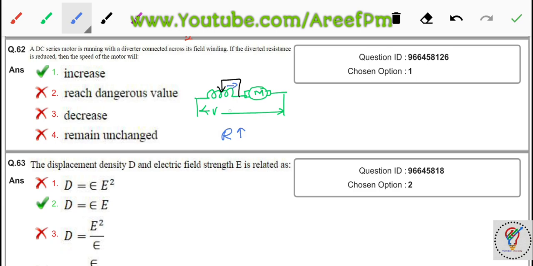The entire current will flow like this, so the length will increase, and automatically the resistance of the field will increase. Because of that, the flux is going to decrease.